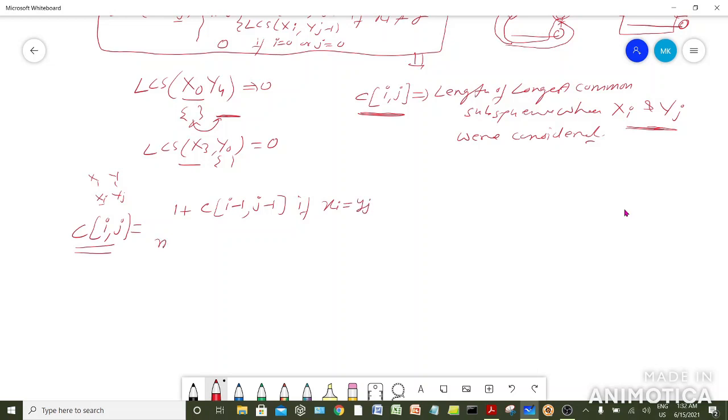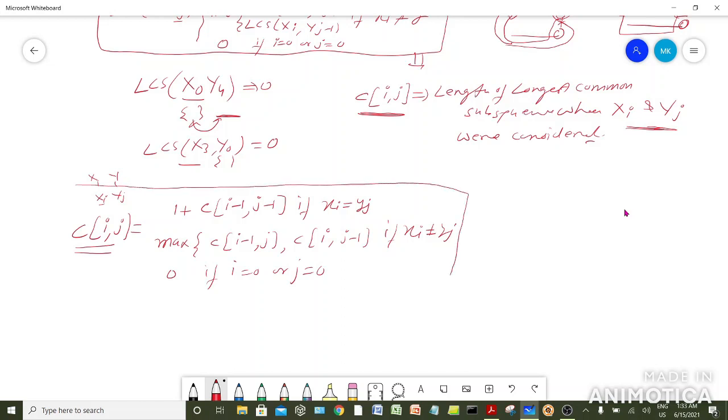It was equal to the maximum of C of (i-1, j) and C of (i, j-1) if x of i was not equal to y of j, and it was equal to 0 if i was equal to 0 or j was equal to 0. Fine. So this is the final equation, or the final computation or recursive definition, of our solution.